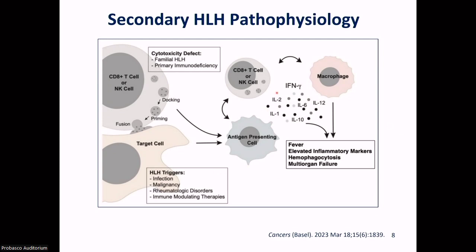As a result of this, the cytotoxic T cells are going to produce massive amounts of interferon gamma that lead to excessive macrophage production and hemophagocytosis. These macrophages release large amounts of pro-inflammatory cytokines. This includes things like our interleukins, creating what is often called a cytokine storm.